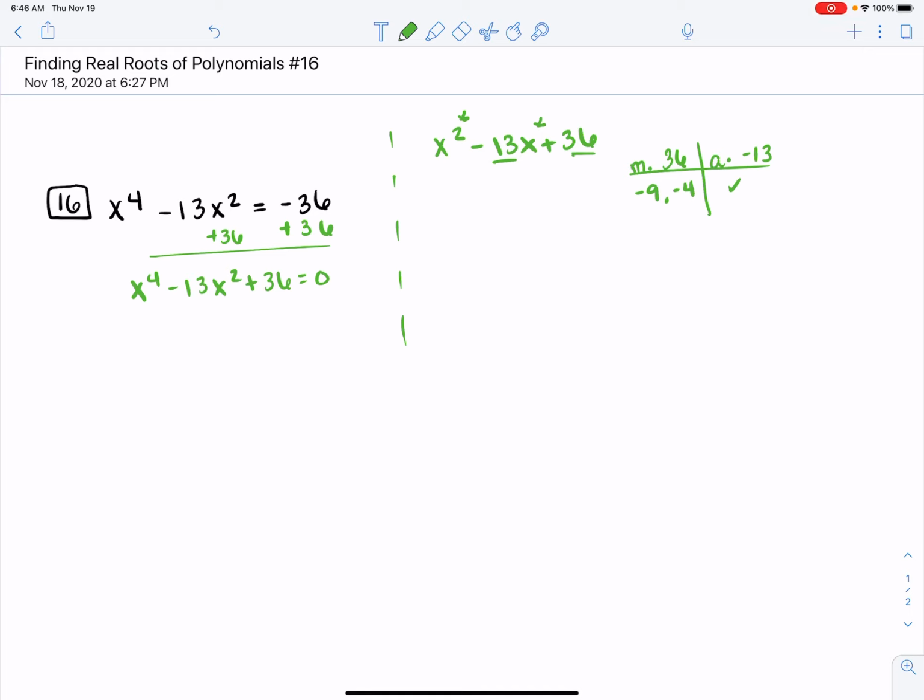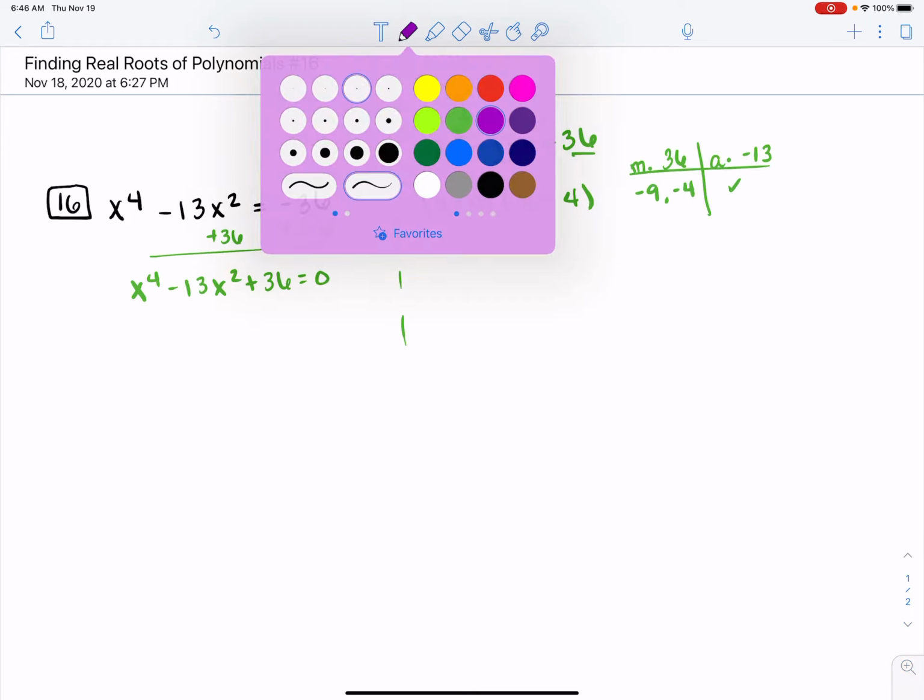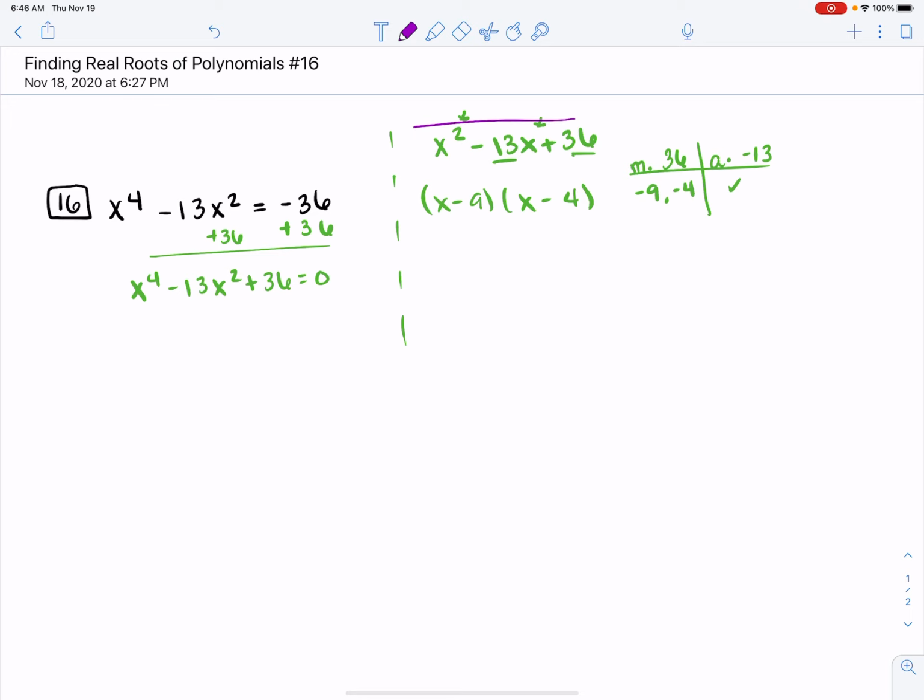And if this was my problem, I would have x minus 9, x minus 4. And those would be the factors. Okay, but let's think for a second about what it means to be the factors. If x minus 9 and x minus 4 are the factors of x squared minus 13x plus 36, then if I multiplied it back out, I should come back to x squared minus 13x plus 36.